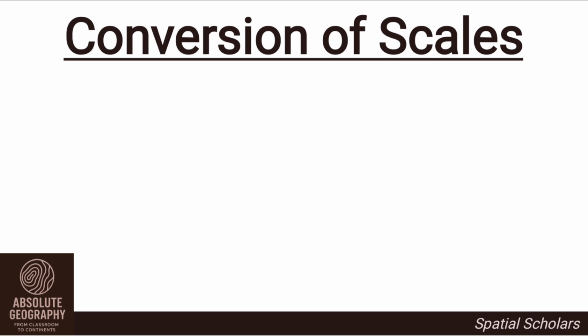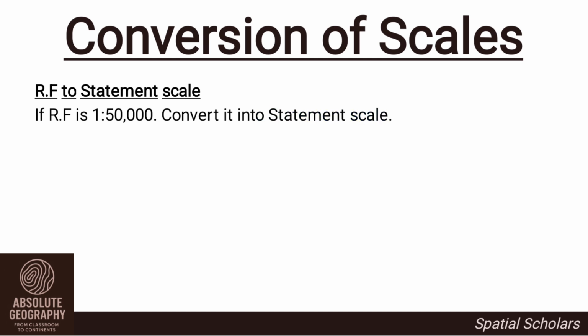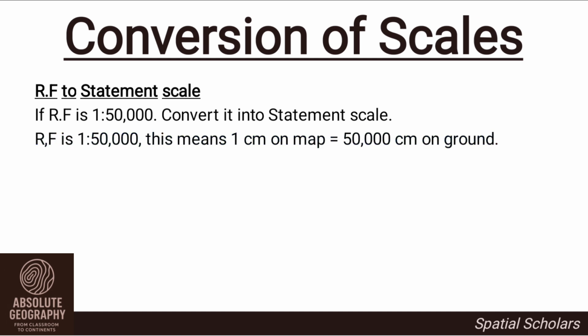Likewise, we can convert RF scale into statement scale. Suppose we have RF of 1:50,000. This means 1 centimeter on map represents 50,000 centimeters on ground. We can convert centimeter to kilometer. We know 1 kilometer is equals to 1 lakh centimeter.